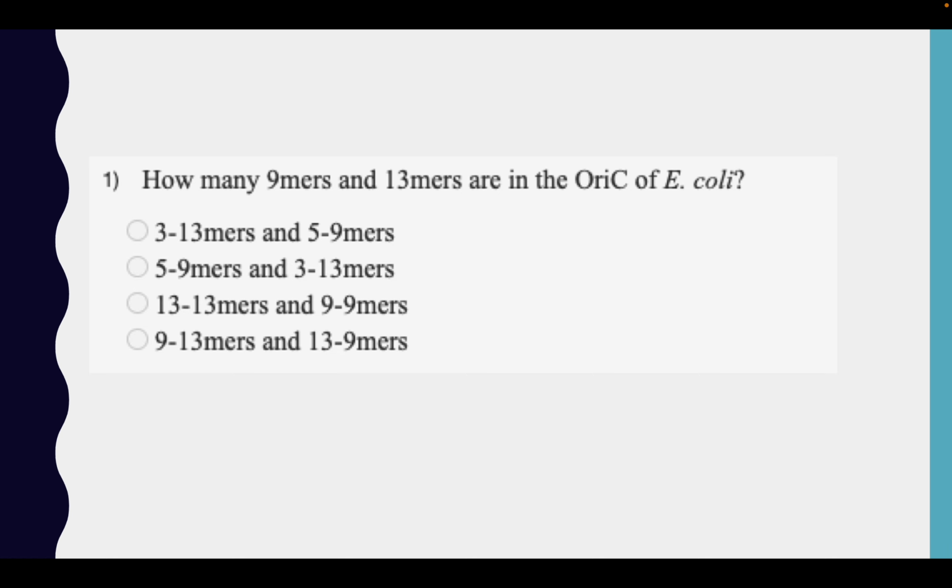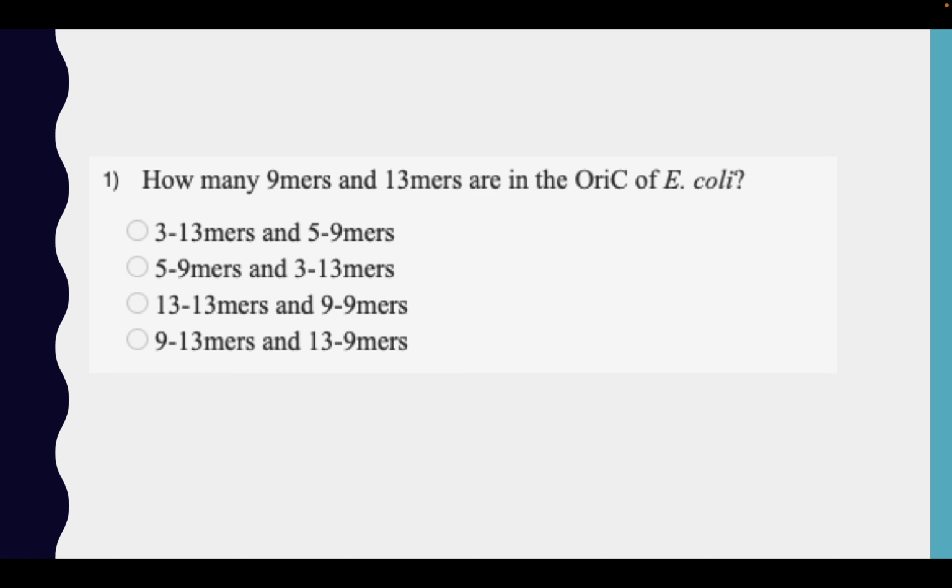No? 9-mers and 13-mers are there. How many 13-mers and how many 9-mers are there? So this is just a memory based question.